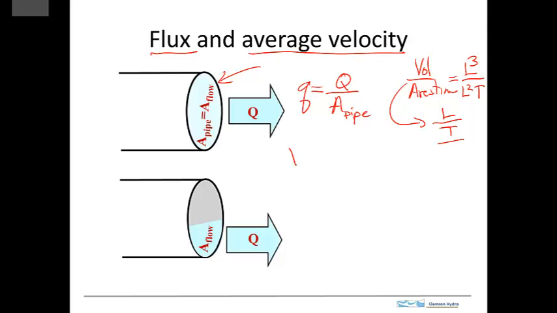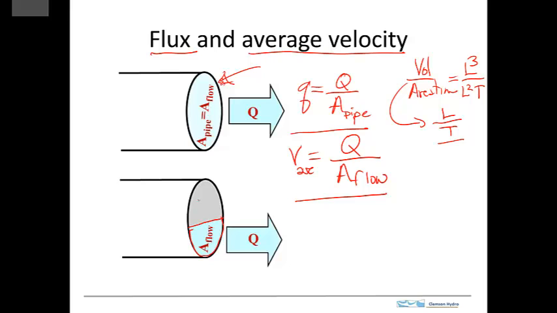The average velocity will be the total volumetric flow rate divided by the area through which the flow is going. That's how we define the average velocity. We see that the flux through this pipe is the same as the average velocity because the pipe is full, so the area through which the flow is going is the same as the area of the pipe. But that's not always the case.